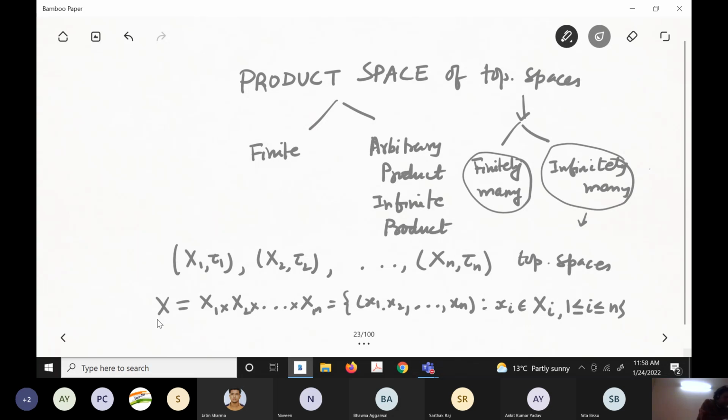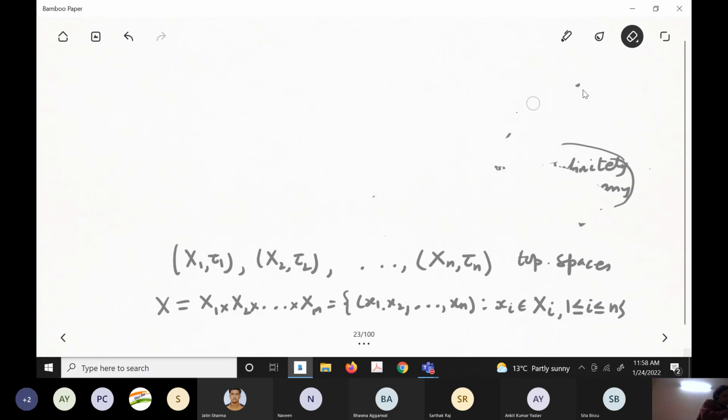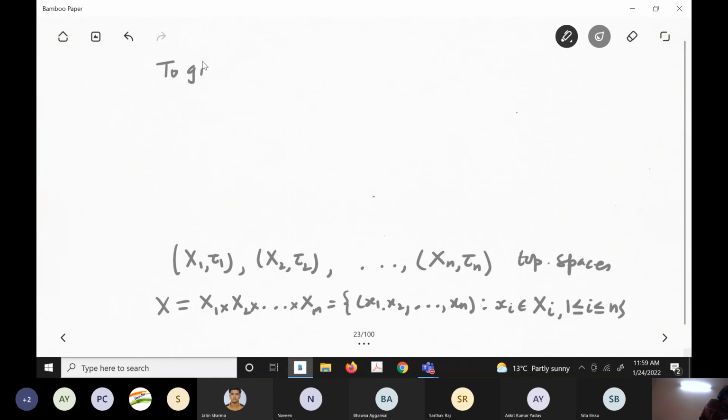Now on this, I want to give a topology, tau on X, which is naturally related to each topology tau_i.